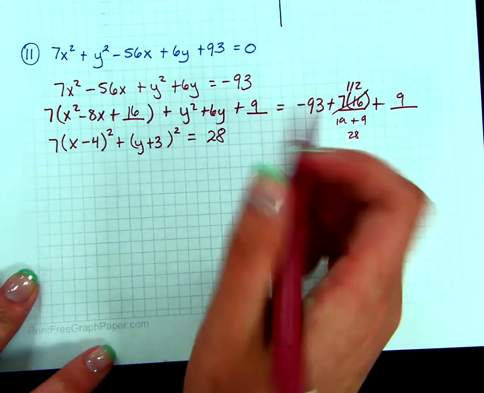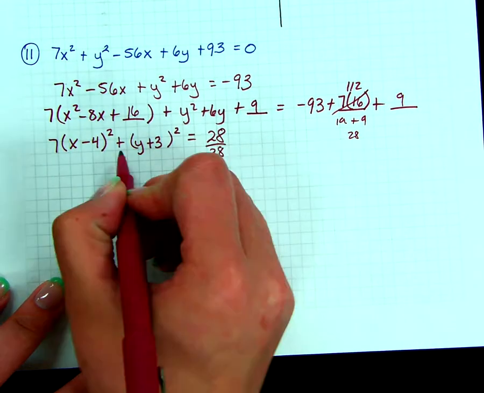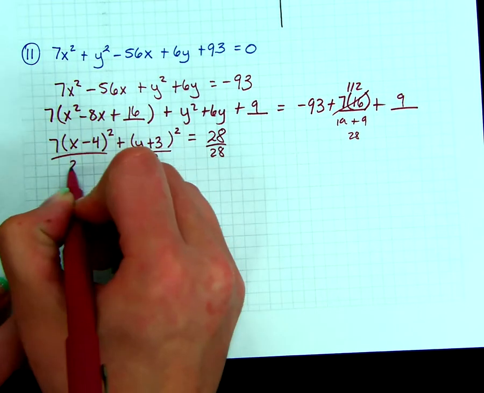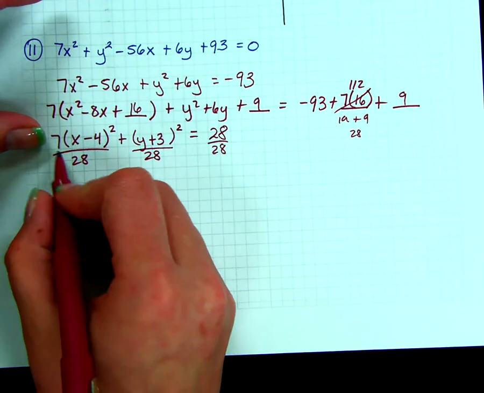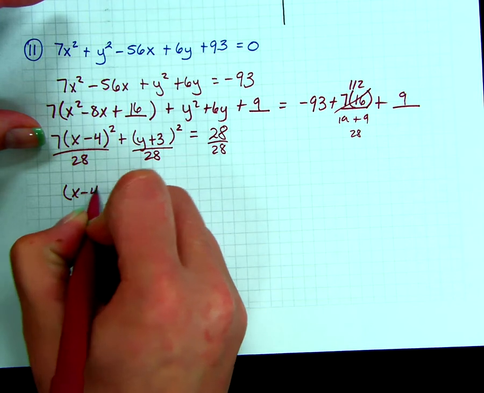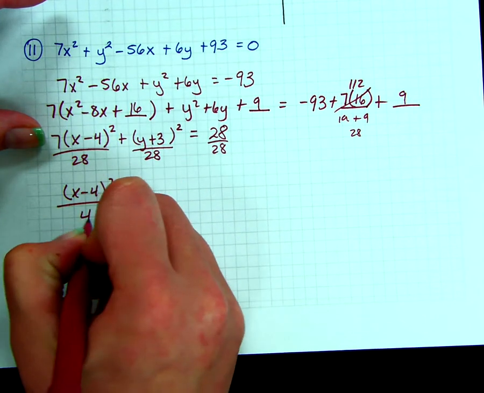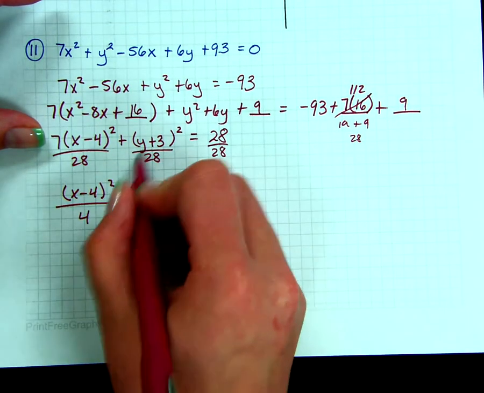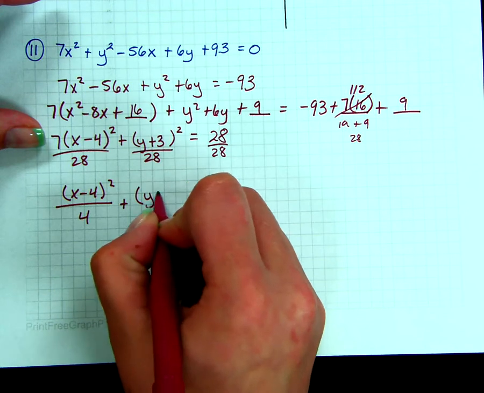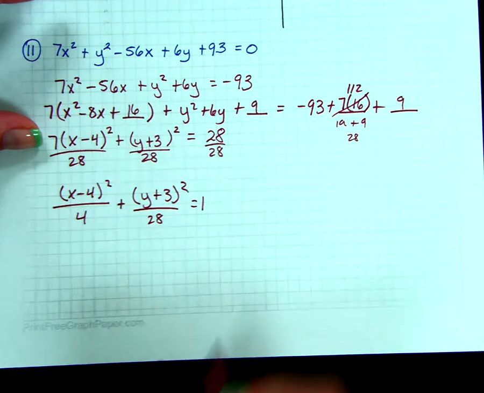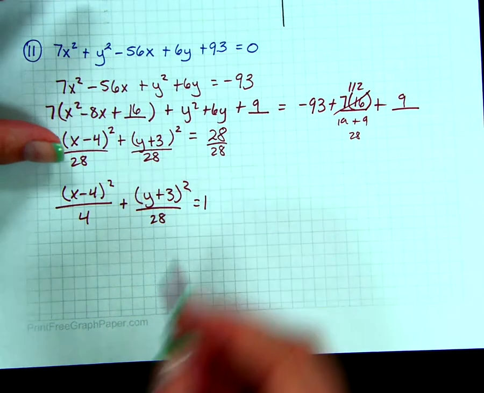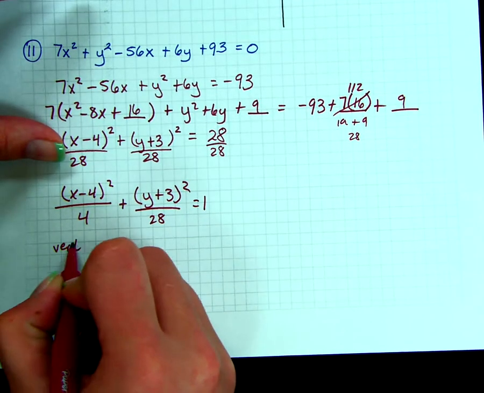And then we need this to be a 1, so our next thing is we're going to divide everything by 28 and then simplify. So 7 over 28 will reduce, so x minus 4 squared over 4 plus, and then this is still going to be 28, and then equals 1. So the larger number is underneath y, so vertical.